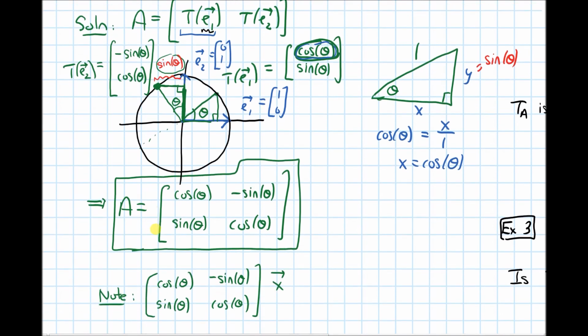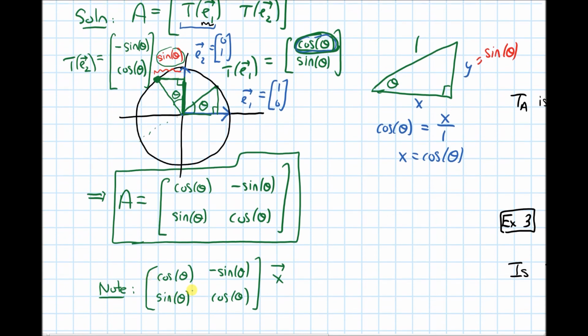If I multiply this matrix by a vector x, that should represent rotating x by an angle of theta counterclockwise, and I'm just going to write CCW to refer to counterclockwise around the origin.